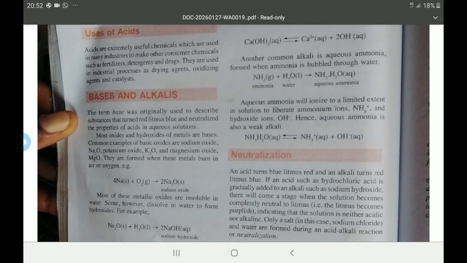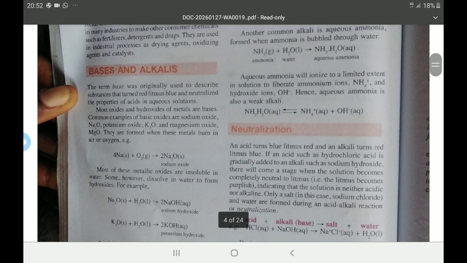So most of these metallic oxides are insoluble in water. The word insoluble there means they cannot be dissolved easily in water. However, some dissolve in water to form hydroxide. So when they are dissolved in water, they produce what is called hydroxide.